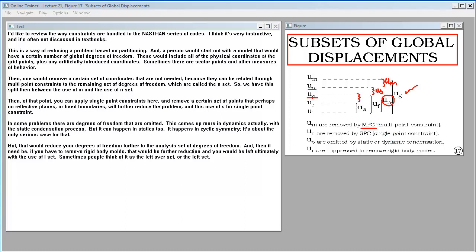It happens in cyclic symmetry, which is about the only serious case for that. But that would reduce your degrees of freedom further to the analysis set of degrees of freedom. And then, if need be, if you have to remove rigid body modes, that would be a further reduction, and you would be left ultimately with the u sub l set. Sometimes people think of it as the leftover set or the left set.